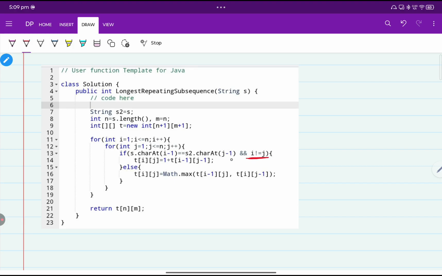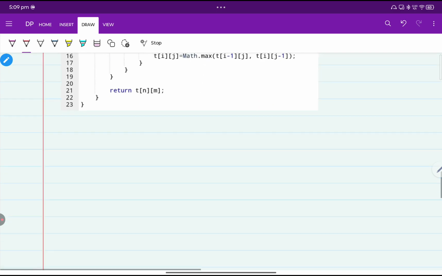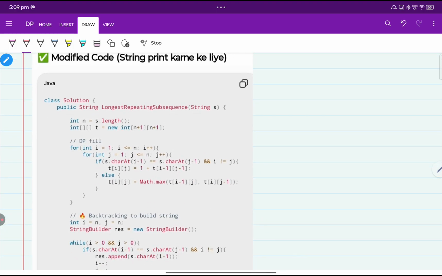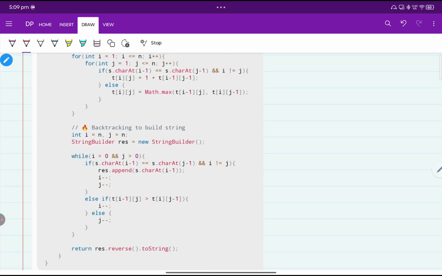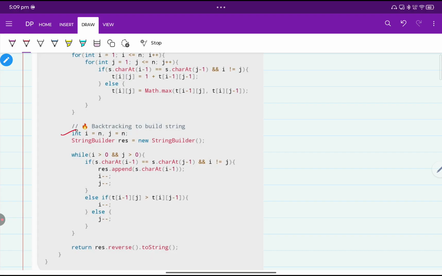The only thing I have mentioned is that if the characters are the same and they do not belong to the same index, then I do the update; otherwise I don't. To get the longest repeating subsequence, do the same thing as in finding the longest common subsequence: if i equals n and j equals n, create the string builder, and when they are similar, add to the string builder, then if i minus 1 is greater, subtract i, otherwise j minus 1.